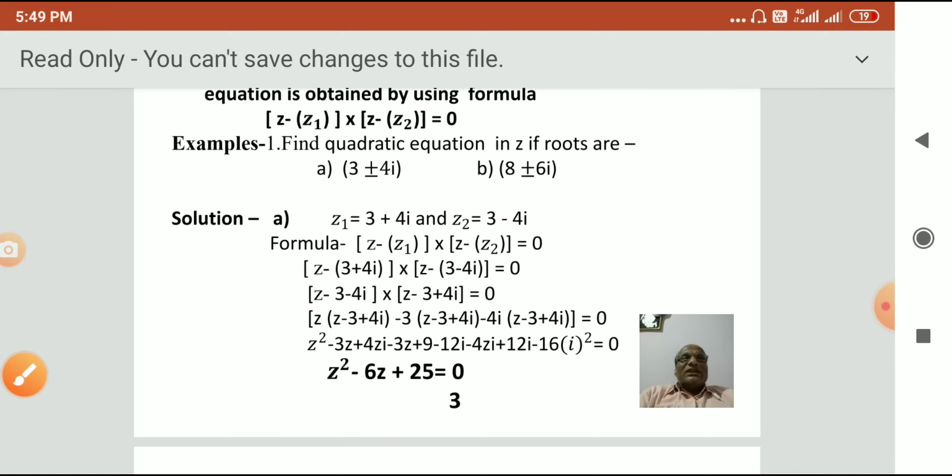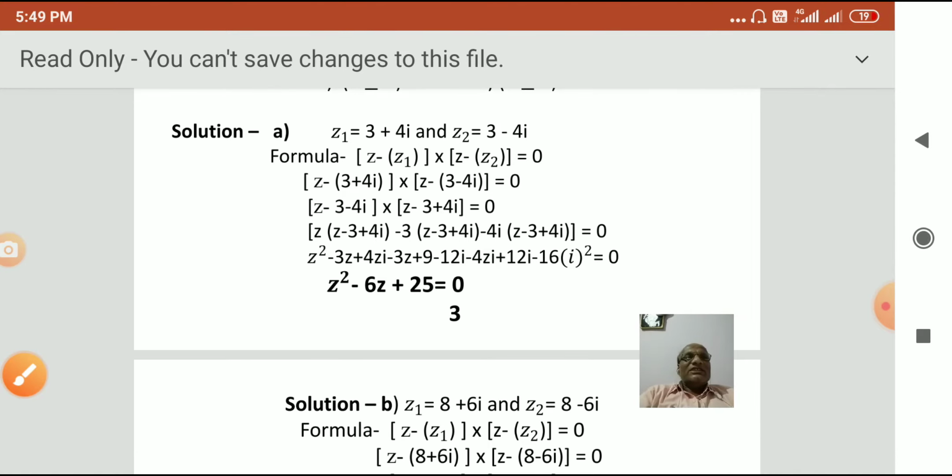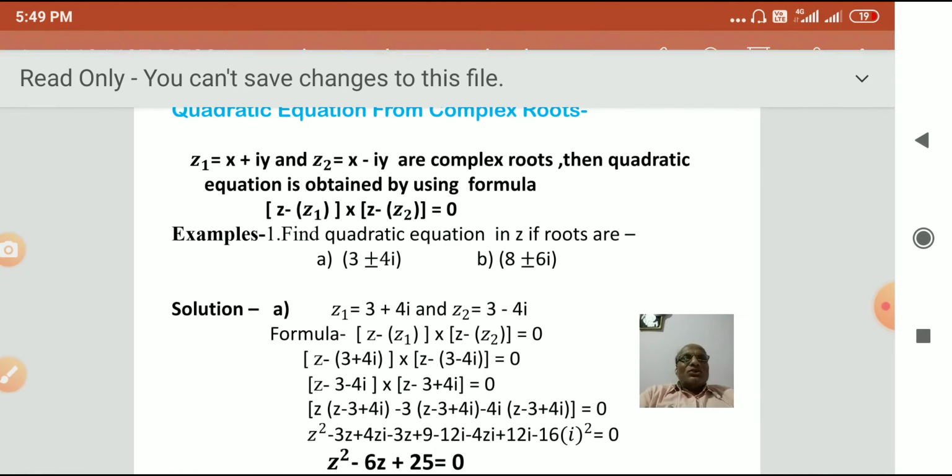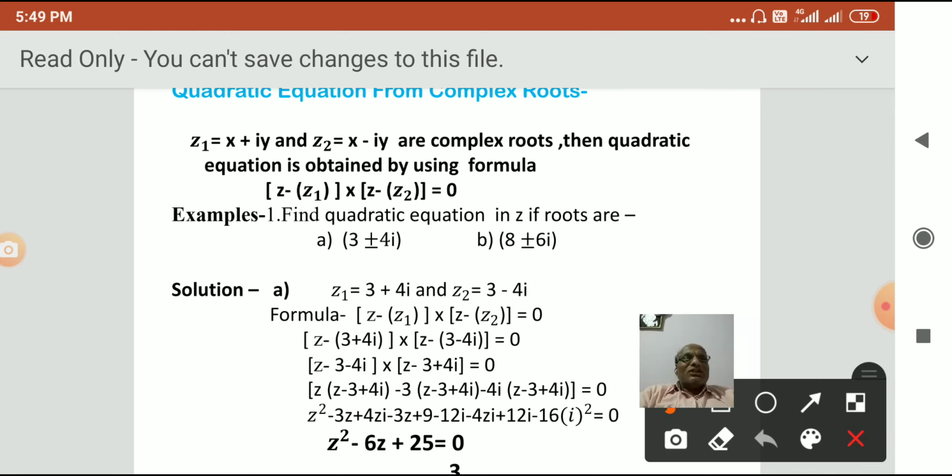Now we take the second example. In the same way we can solve this second example. The second example is given as 8 plus or minus 6i. So they have given two roots: first is 8 plus 6i and second is 8 minus 6i.